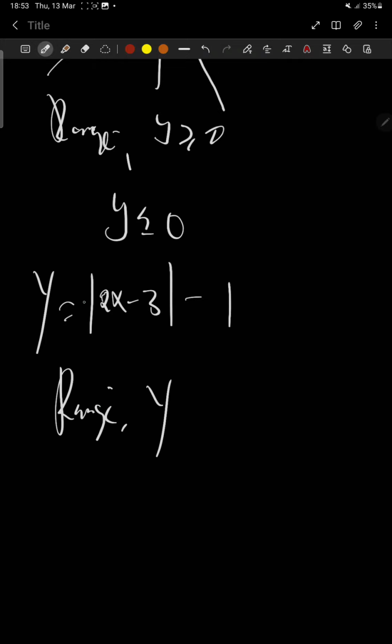Have you noticed the modulus is positive? Positive means it will be greater than or equal to whatever a is. In this case our a is negative 1. That is our answer: y greater than or equal to negative 1, meaning starting from negative 1 going on top. That's the way it is.